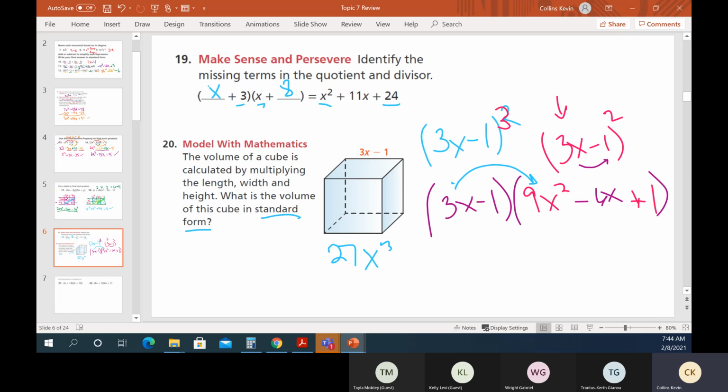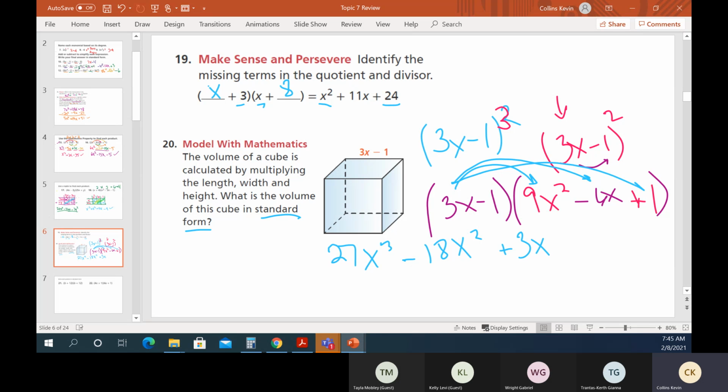Okay, next guy. So we do 3x times a minus 6x. So I've got 3 times negative 6, that's going to be minus 18. x times x is x squared. And then we do the last one here. So I've got 3x times 1, that's going to be plus 3x. Okay, so we're halfway there living on a prayer.